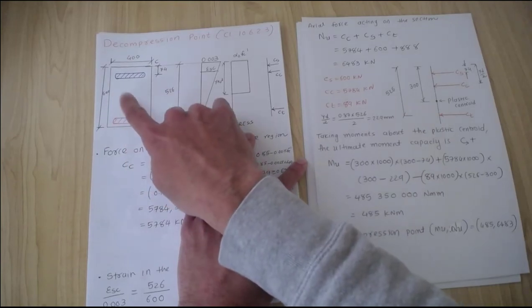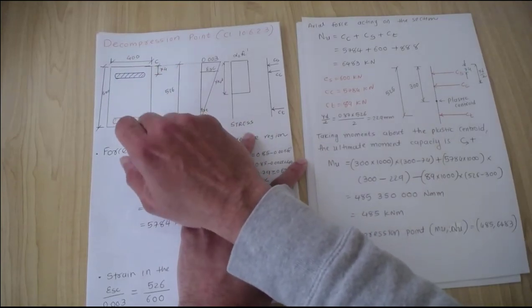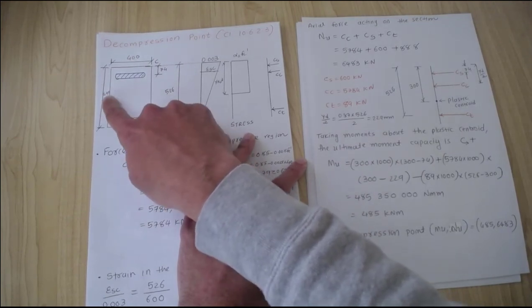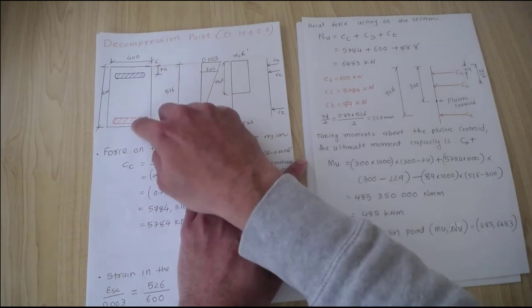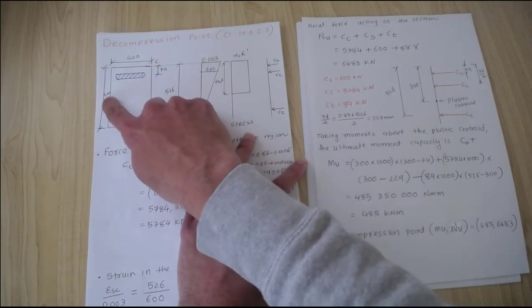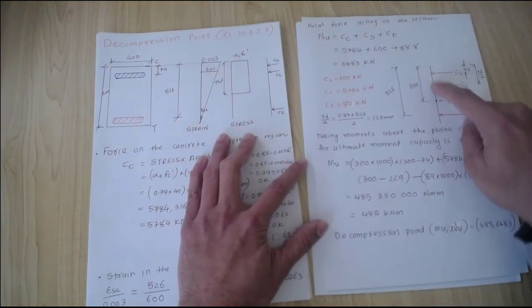I think I will put out one more video where we are going to look at the plastic centroid calculations, but here the calculation is very simple because it's symmetric. If you have 1200 here, 1200 here, the plastic centroid would be located at the half, which is half of 600, would be 300.